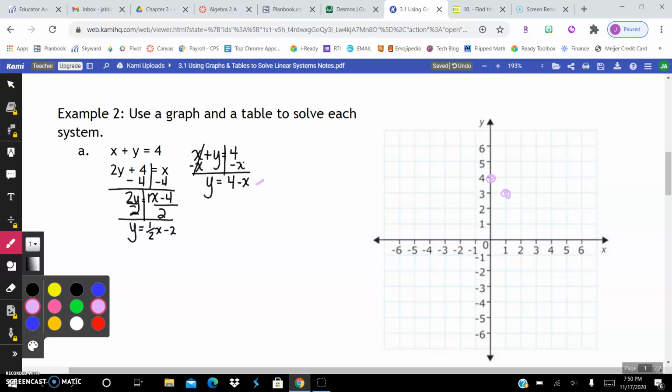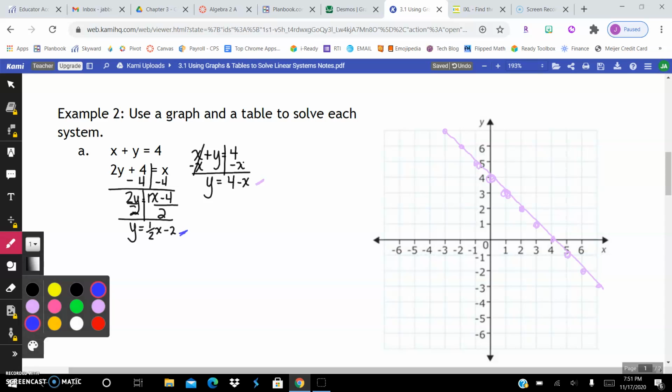I'm going to go down 1 over 1 a few times here, just because I can't draw a straight line perfectly. So we want to try and get all of the points that fit on the graph taken care of. So that is our y equals 4 minus x.